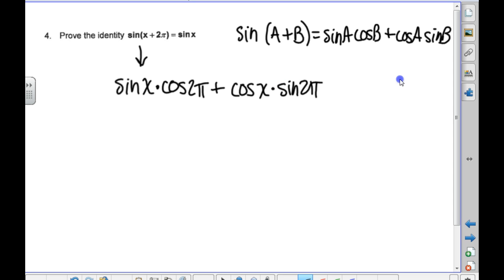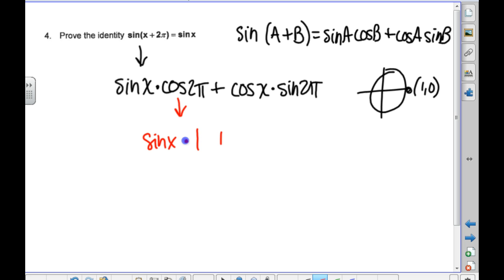Then we're going to go to our unit circle. And over here at 2 pi, it says 1, 0. So the cosine at 2 pi gets traded out for the value of 1. And at 2 pi, the sine is 0.